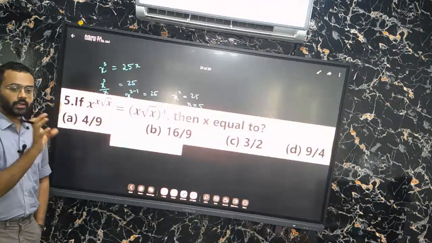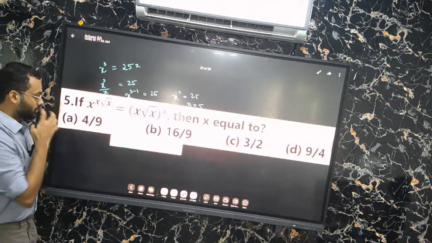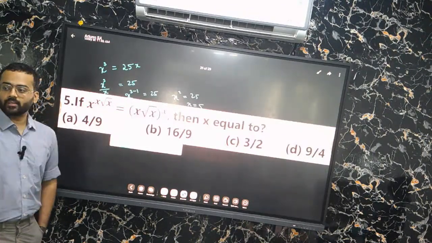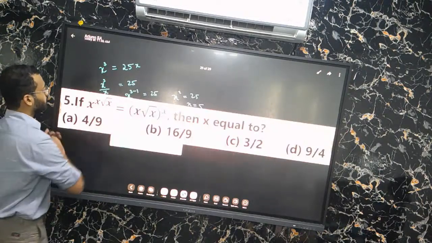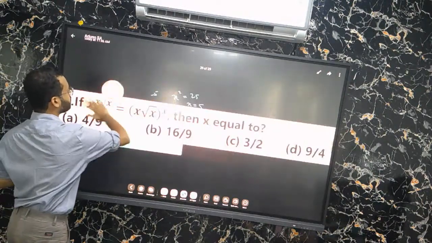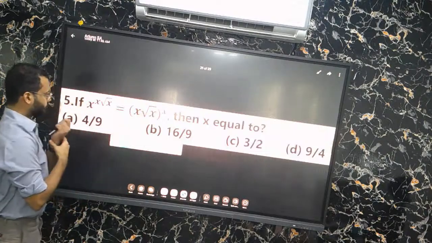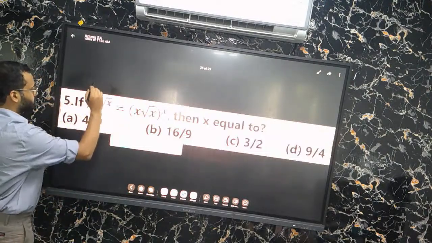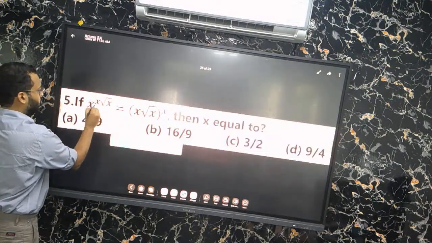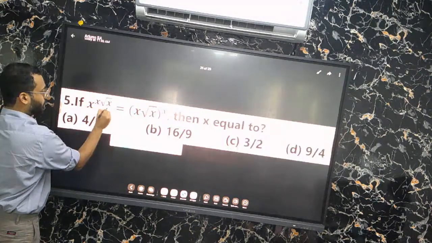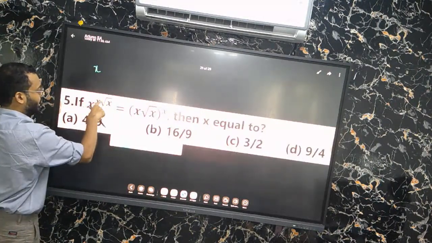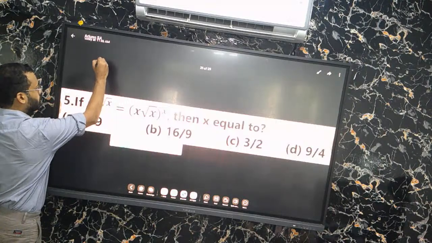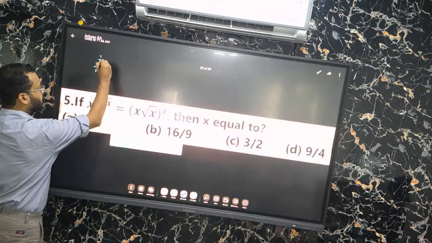So they are not getting any number separately. No one's getting it. We solve it then. See here, x power x root x. First I'll write x power x root x as x power 1 root x, that is x power half.